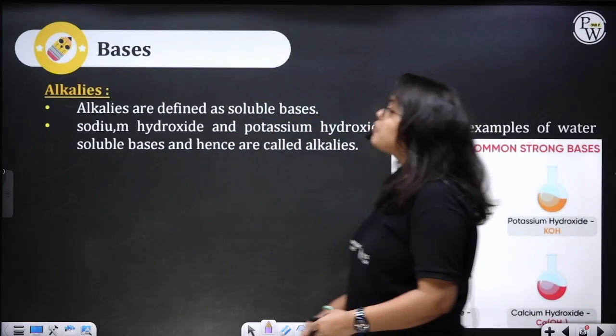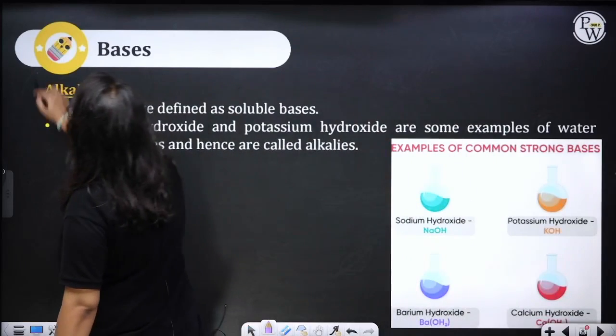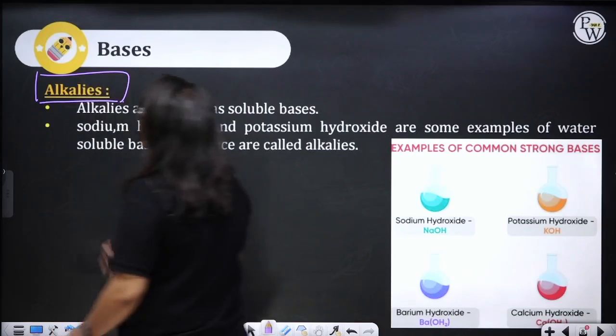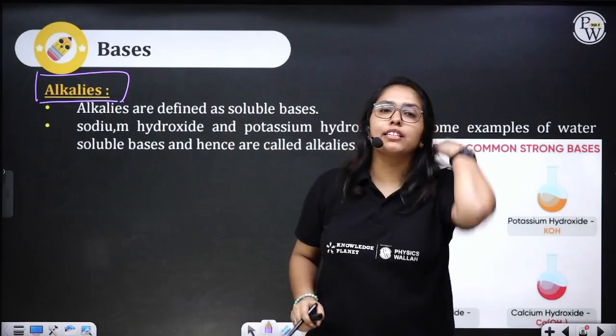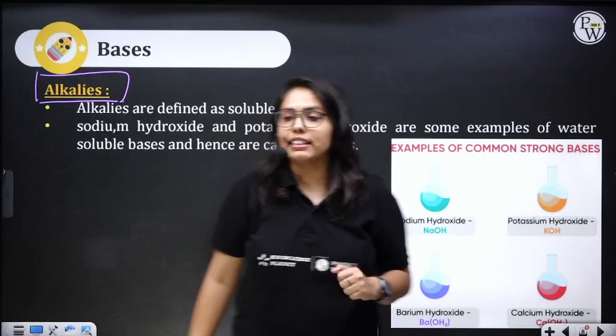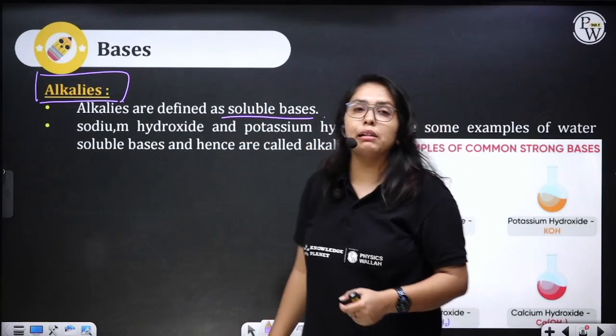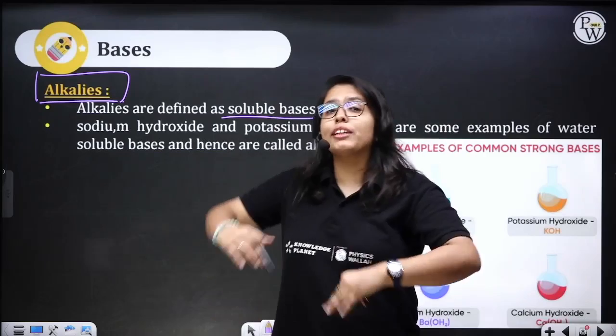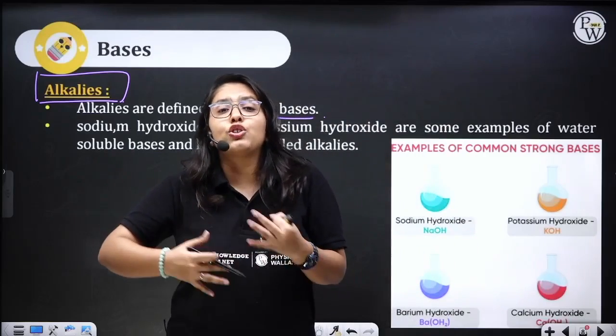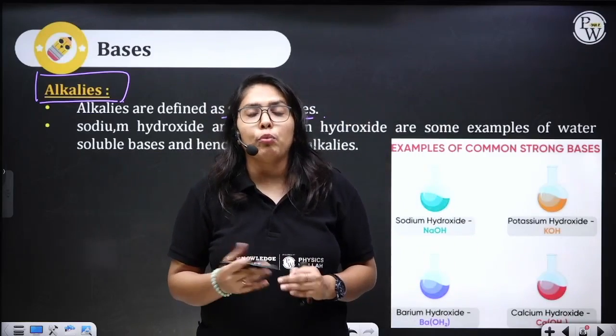Let's now try to understand a class of bases which is known as alkalis. Now what are alkalis? Alkalis are defined as soluble bases, so the bases which easily dissolve in water.